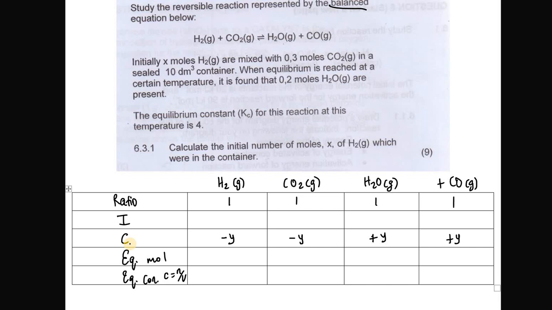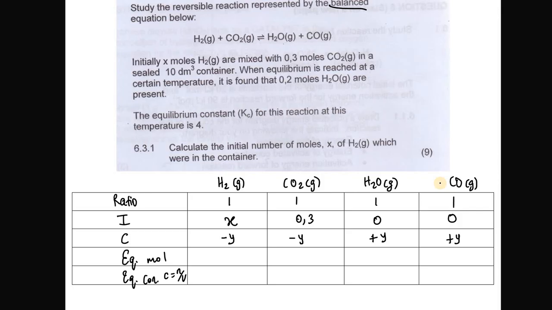Now initially we have X of H2 and then 0.3 of the carbon dioxide. How much do we have initially for these ones here? This I was not supposed to write. For some reason I wrote plus here. So we're simply gonna say 0 because initially we don't have the products.